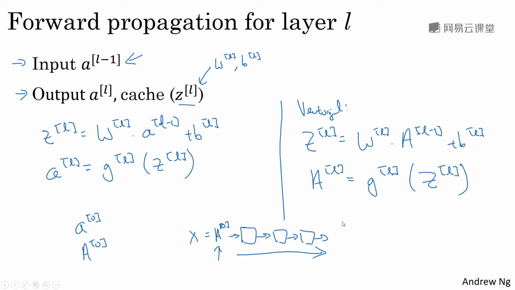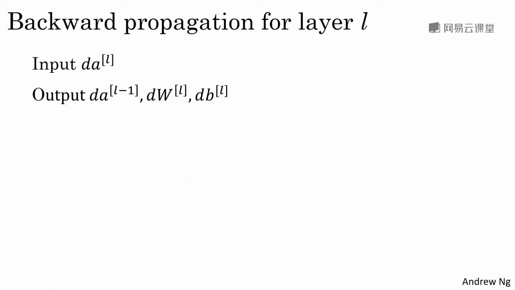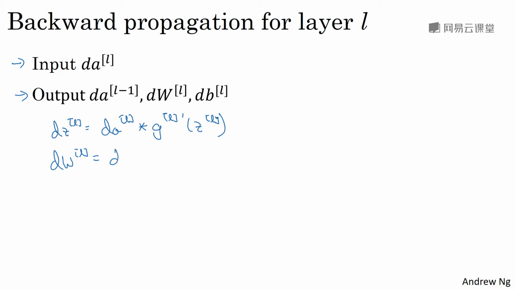Next, let's talk about the backward propagation step. Here, your goal is to input dA[L] and output dA[L-1] and dW[L] and db[L]. Let me just write out the steps you need to compute these things. dZ[L] is equal to dA[L] element-wise product with g[L]' of Z[L], and then to compute the derivatives, dW[L] equals dZ[L] times A[L-1].